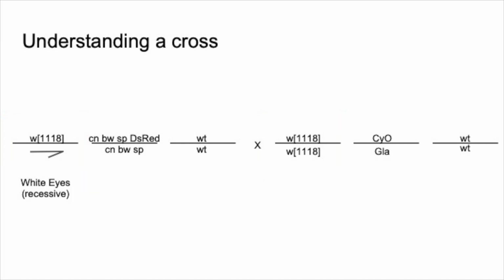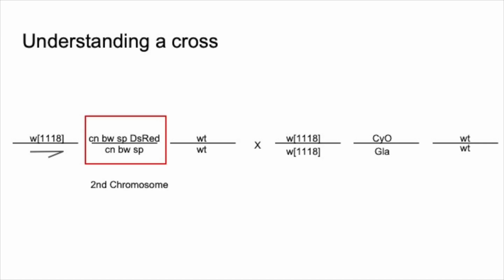White 1118 is a recessive allele that causes the carrier to have white eyes, as opposed to the standard wild-type red eyes. In males, since they only have one X chromosome and one Y chromosome, these recessive alleles will still be expressed since there is no good copy on a healthy X chromosome in order to cancel out the effect. The female on the right is homozygous for white 1118, so she will also have white eyes.